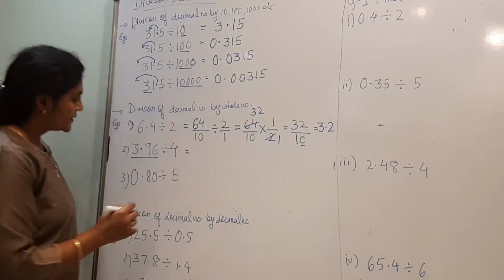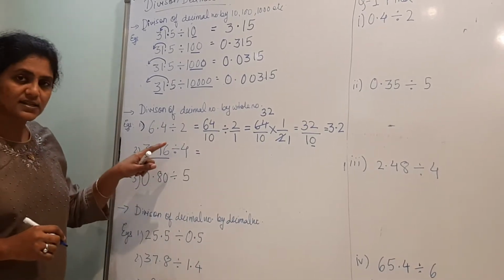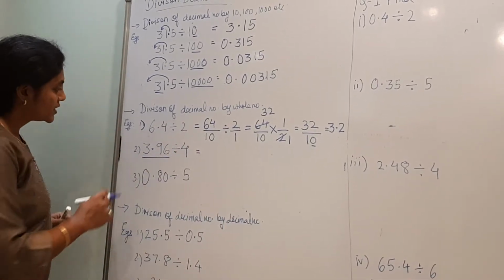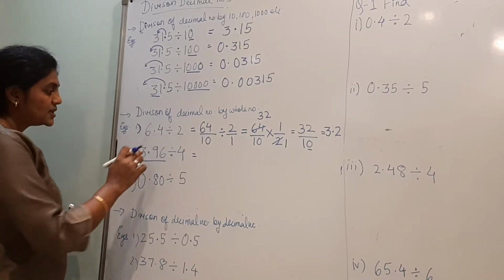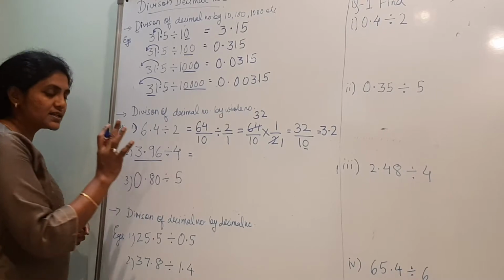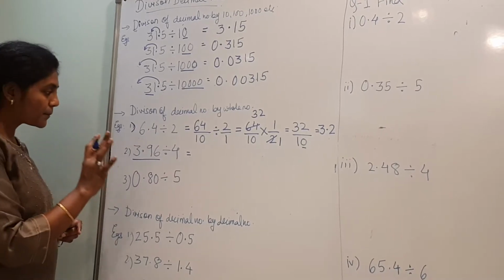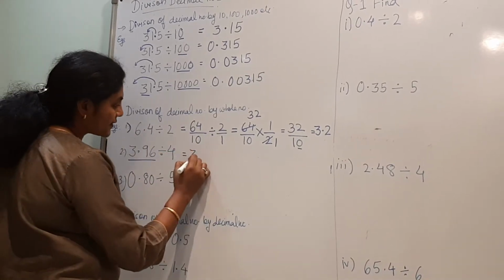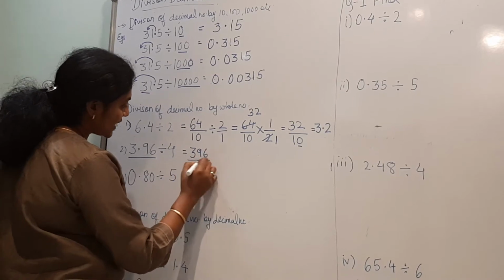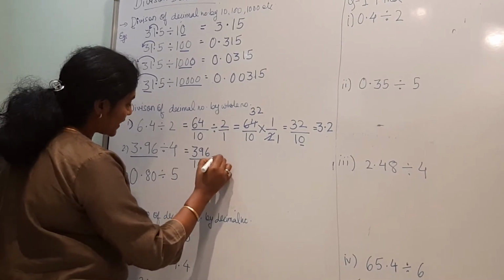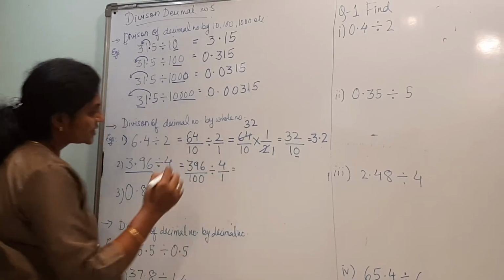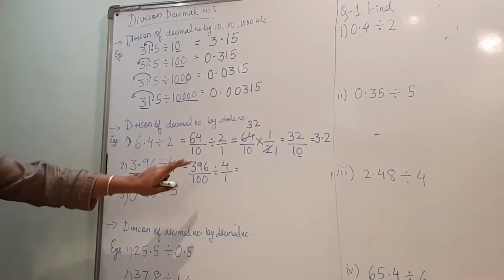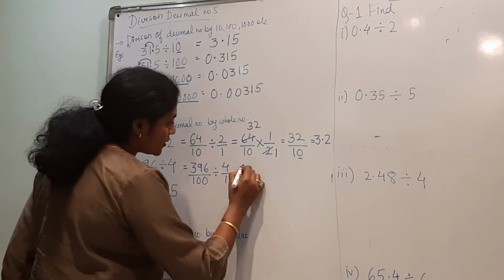Now second, 3.96 divided by 4. In this, the point is placed before two digits. So first I will convert this into a fraction by dividing by 100. So 396 by 100 divided by 4 by 1. Now it becomes division of two fractions. How to solve?